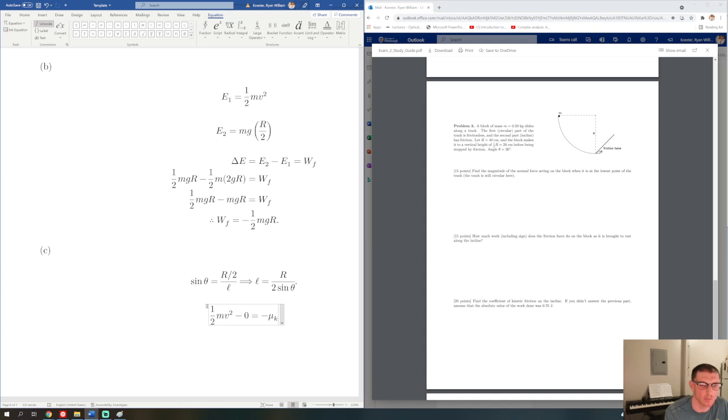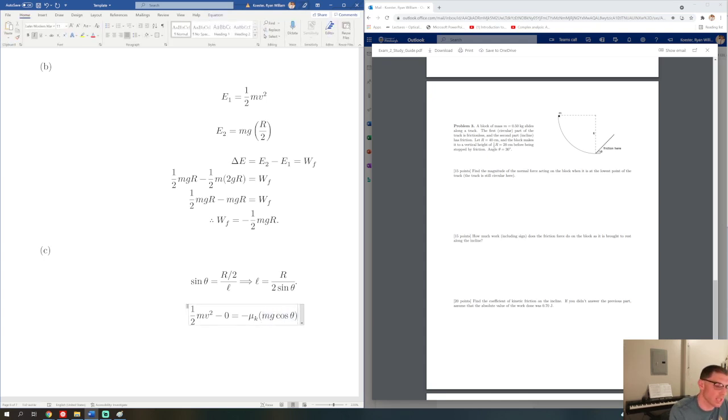And then this is an example of where we actually have to use what we were just talking about with the normal force for an object that's on an incline. So it should be mg cosine theta. This is just the normal force.